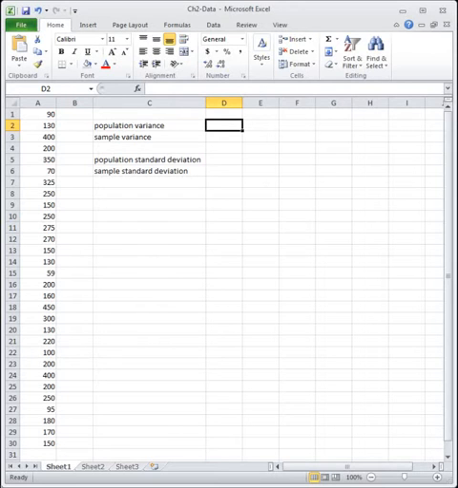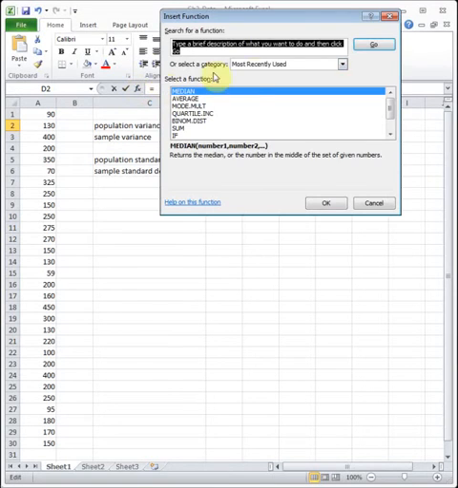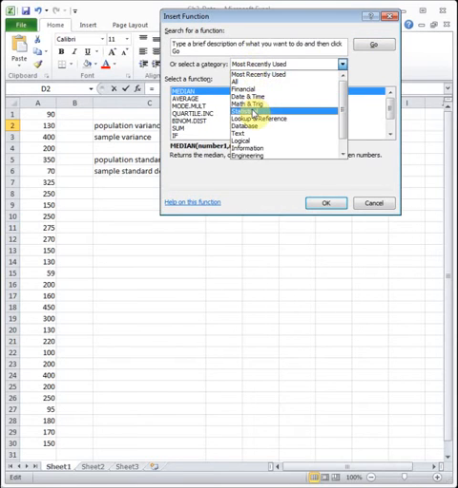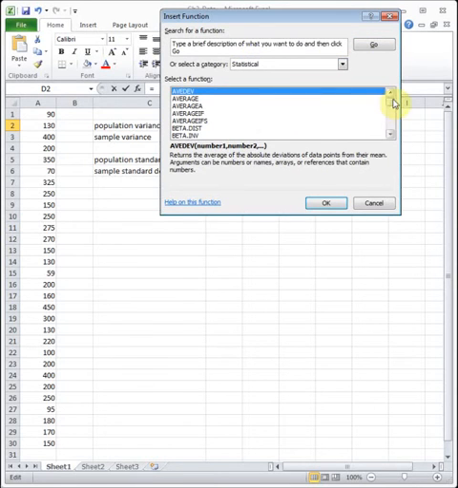So population variance is a way to describe how spread out the data is within a population. To calculate population variance, we're going to go up to Function Wizard. This is the same data that we've been using for pretty much all of Chapter 2, if you want to follow along. So Function Wizard, change that drop down to Statistical, and go down to the V's for Variance.